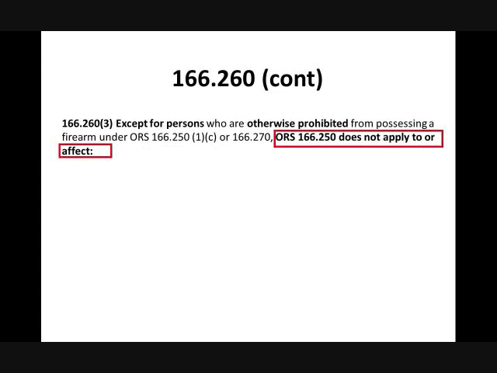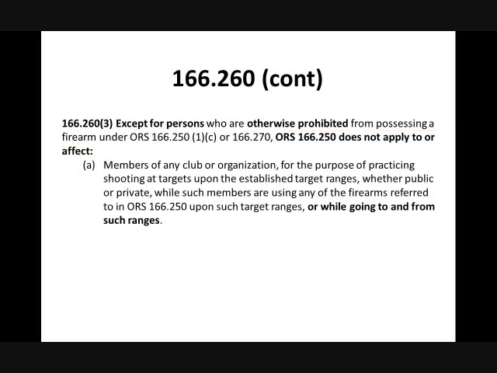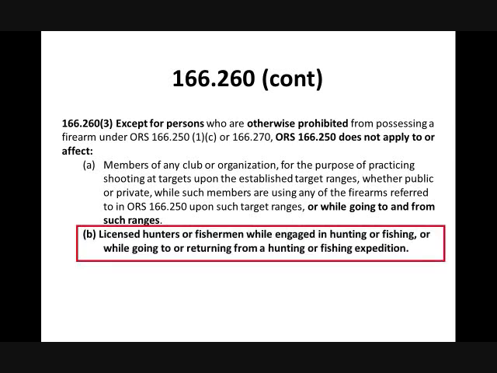Subsection 3, except for persons who are otherwise prohibited from possessing a firearm under 166.250 subsection 1C, or 270, ORS 166.250 does not apply to or affect members of any club or organization for the purpose of practicing shooting at targets and a few other things, licensed hunters or fishermen while engaged in hunting or fishing, or while going to or returning from a hunting or fishing expedition. So if you're on your way to go fishing, or coming back, or while you're out there fishing or hunting, if you have a license, you don't need a concealed handgun license in order to conceal your firearm.